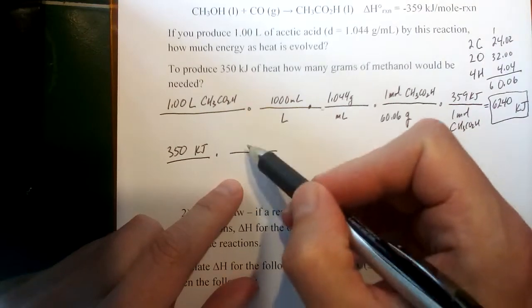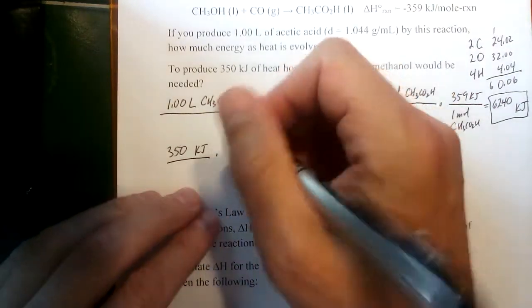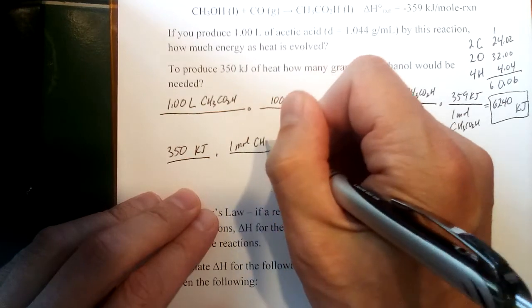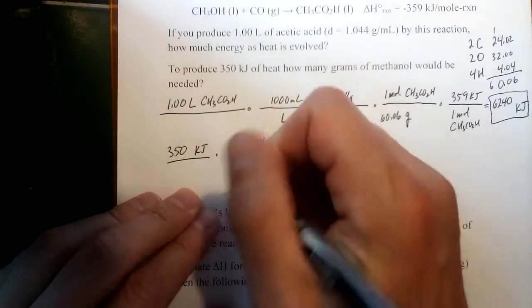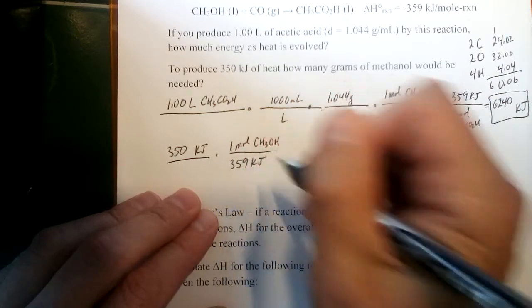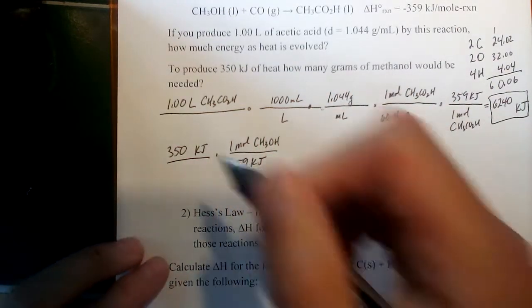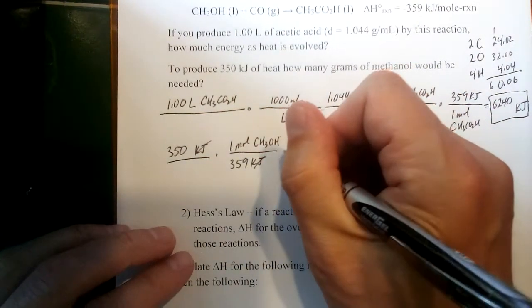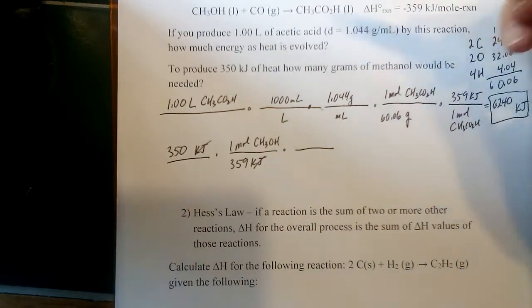So I can put the enthalpy value into my calculation that way. 1 mole of CH3OH would produce 359 kilojoules of heat. Kilojoules cancels out. So we start with energy. We just need to invert our enthalpy, and now we're into quantity.